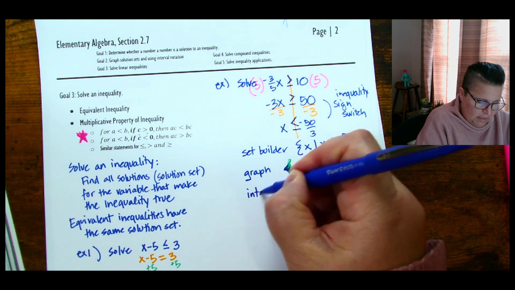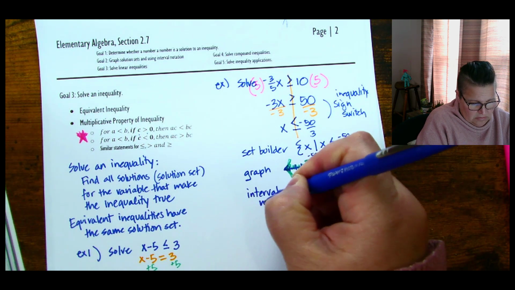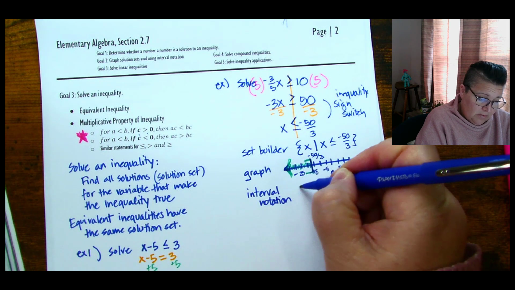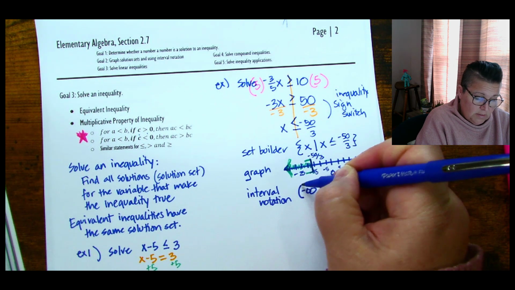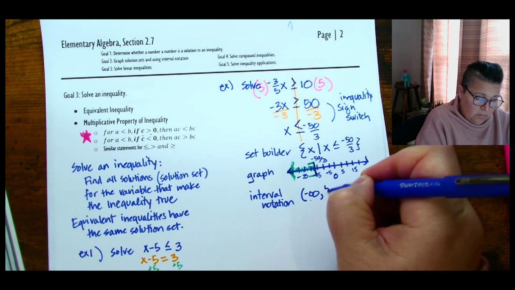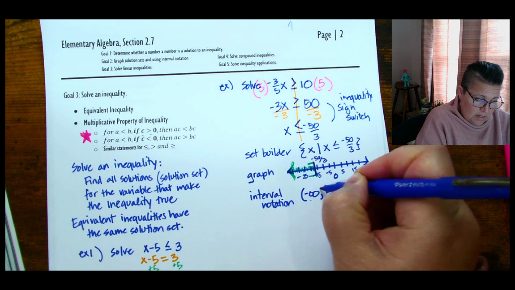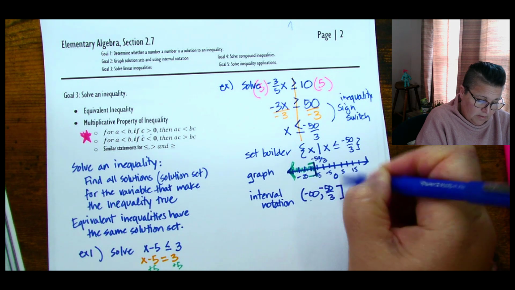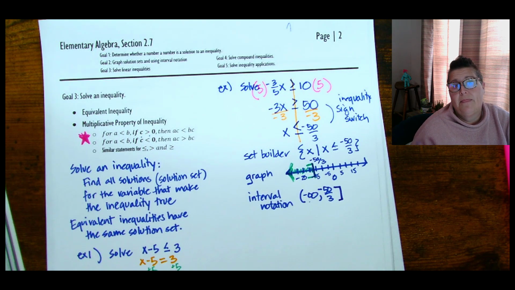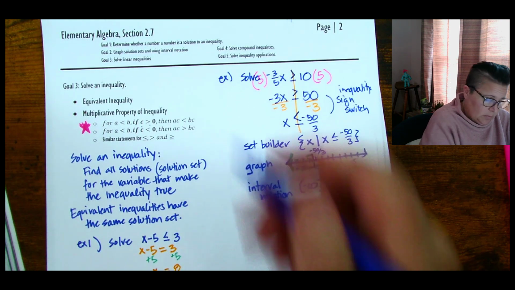So now in my interval notation, that's going to look like negative infinity again. That's always a round bracket, negative infinity. And then I need negative 50 over 3 with a hard stop because of the equal to. And there's my 3 ways of writing this out.